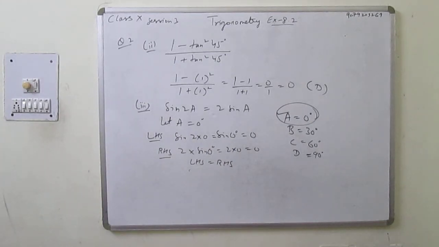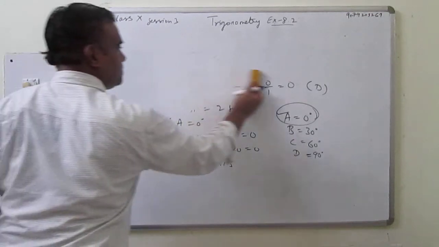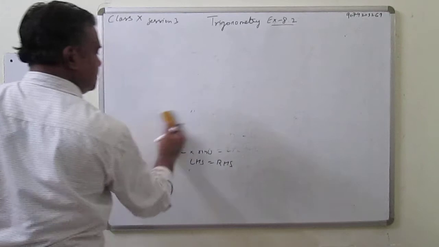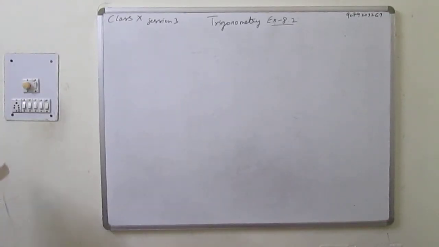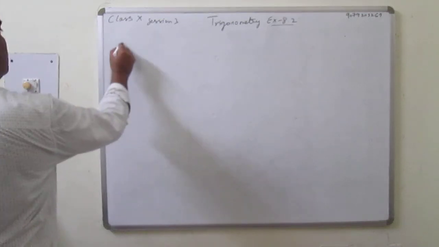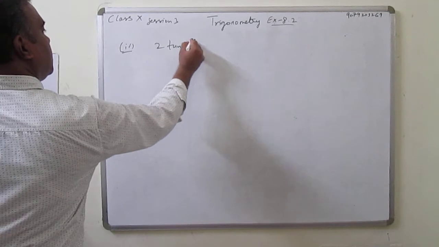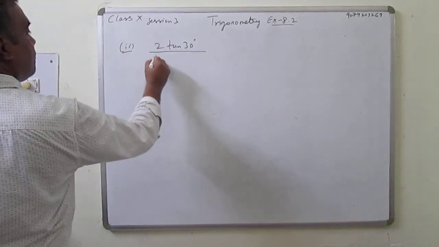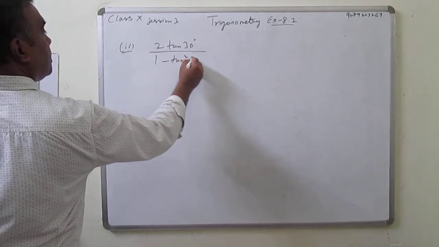Now I will take the fourth part. 2 tan 30 upon 1 minus tan square 30.